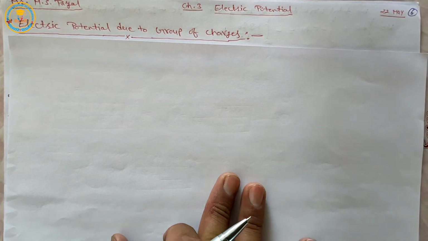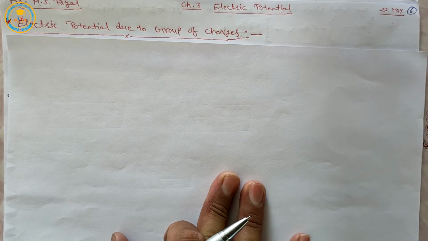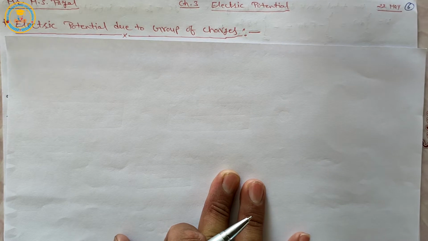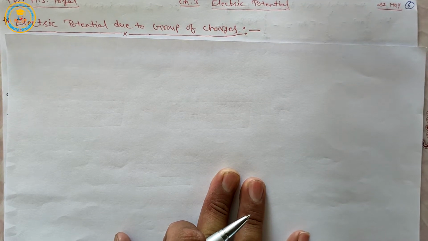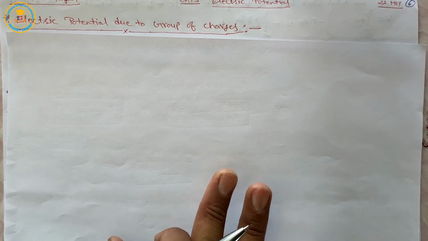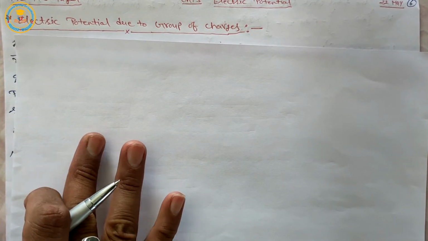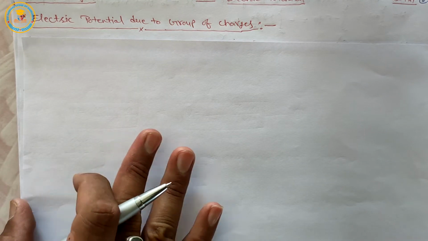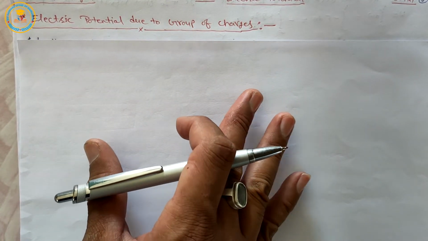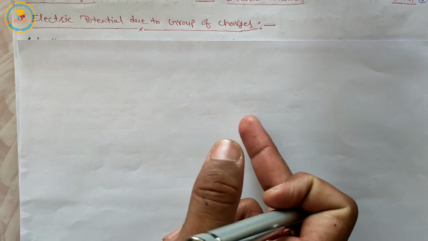Firstly, electric potential. The amount of work done to bring a unit positive charge from infinity to a point of electric field is equal to the electric potential at that point.